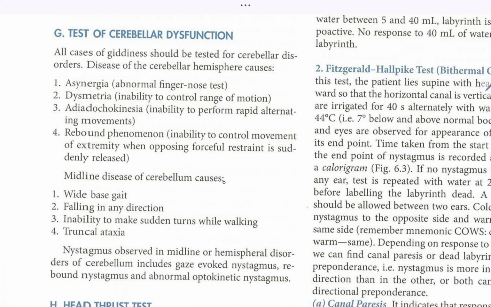Midline diseases of cerebellum cause wide base gait, falling in any direction, inability to make sudden turns while walking, truncal ataxia. Nystagmus observed in midline or hemispherical disorders of cerebellum include gaze-evoked nystagmus, rebound nystagmus, and abnormal optokinetic nystagmus.